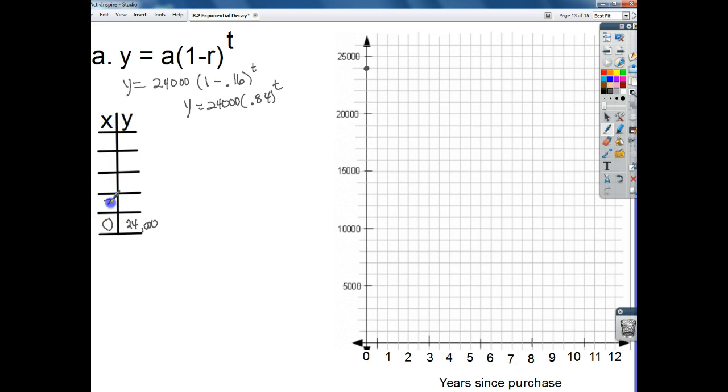I'm going to go with 3. Let's see what 3 is. Okay, so if we put 3 in, then what we have is y is equal to 24,000 times 0.84 raised to the third power.